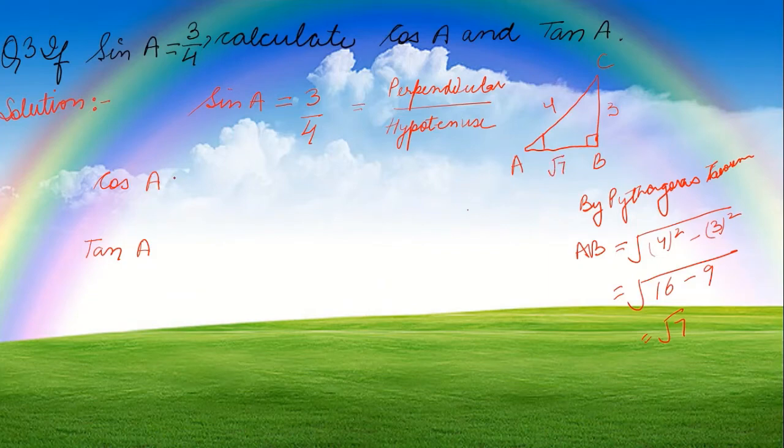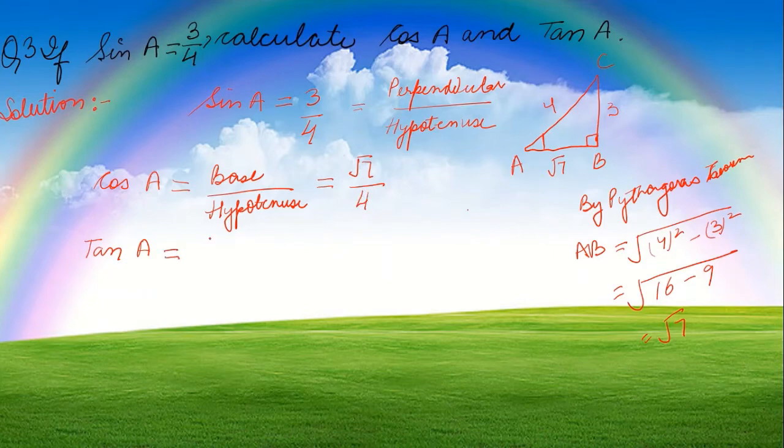Okay. Now AB is root 7 over here. Now cos A, you know cos A is base upon hypotenuse. Now base is root 7 and hypotenuse is 4. Okay. Now what about tan A?